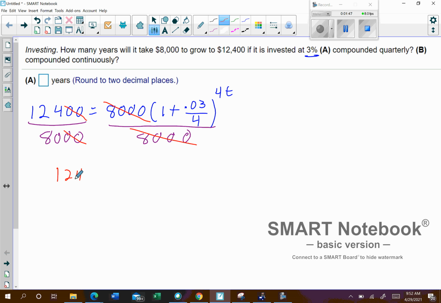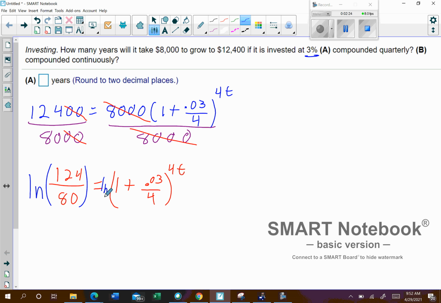So 124 over 80, because that's going to get put in the calculator in a minute anyways, equals 1 plus 0.03 divided by 4 raised to a power of 4t. Okay, so at this point, in order to get that exponent down, I'm going to take the natural log of both sides. So I'm going to do ln of this side and squeeze it in right there.